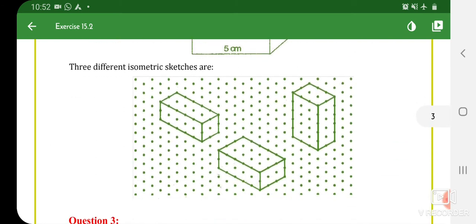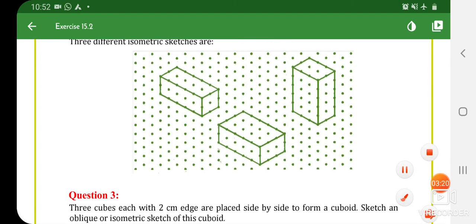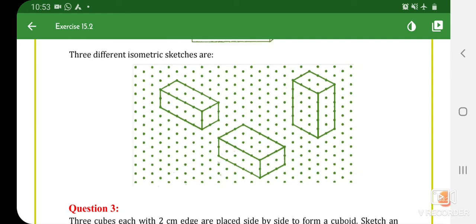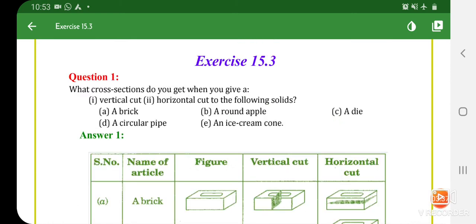Okay, so we can see here these are the 3 isometric sketches of the measurements of these sides. We can use 5 centimeter in the first, 2 centimeter in the second, and 3 centimeter in the third. We can exchange these centimeters and make 3 isometric sketches. So in exercise 15.2 you can do it by yourself in your book.